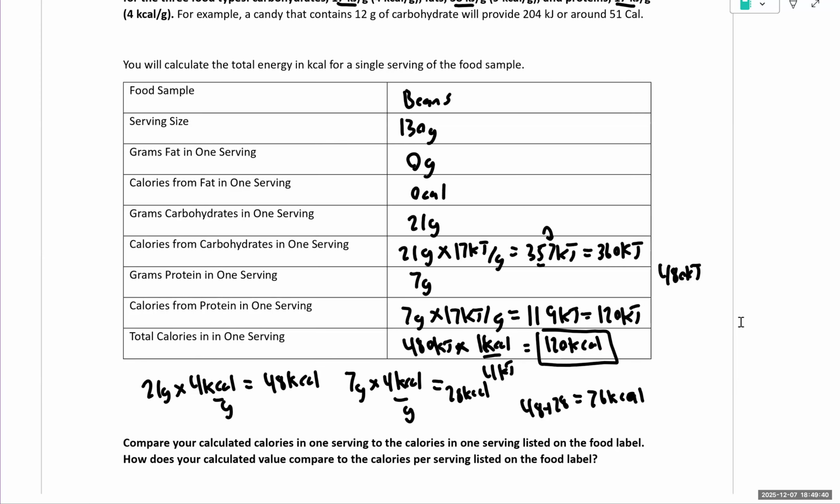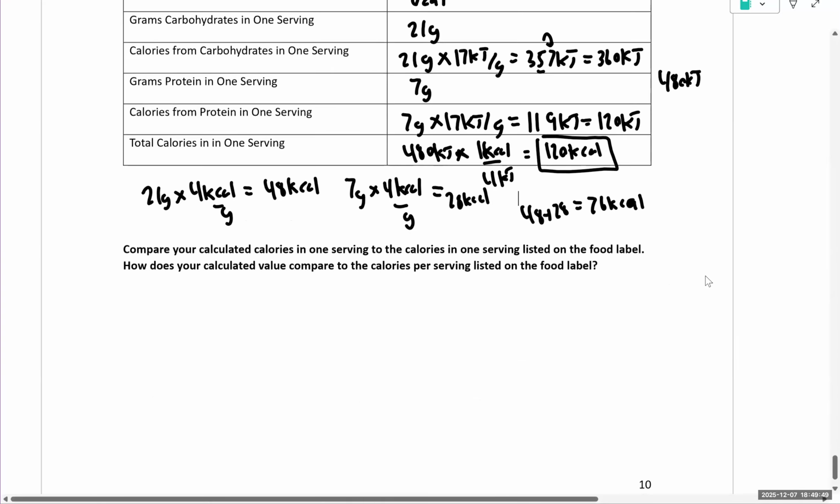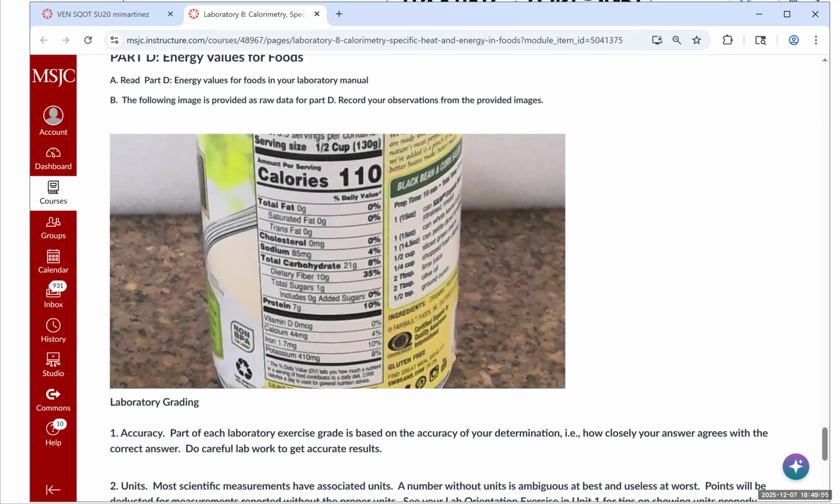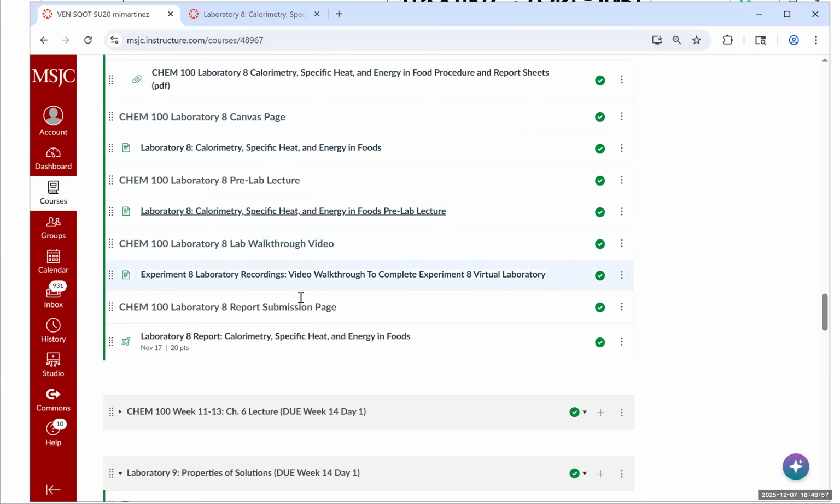Okay, so that concludes our calculations in terms of the energy in a food sample and calculating the caloric value in a food sample. I'd like you to answer the post-lab questions before you complete this full report. Once you've completed each part of your lab report, you're going to be submitting it into the Laboratory 8 report submission page.